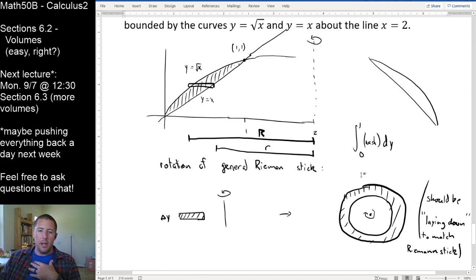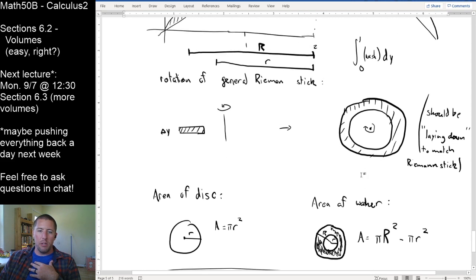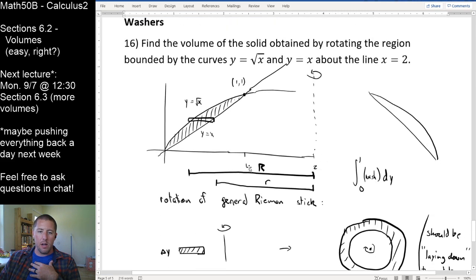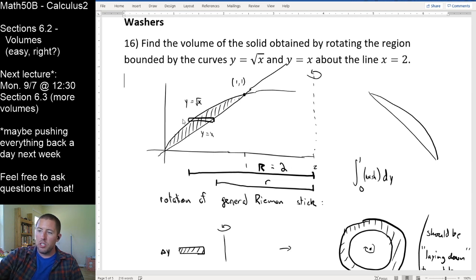So what I can do is find what really should be this R value right here, capital R. Well, capital R says, go the full distance to 2, just chop off whatever square root of x is here, right? That makes sense.